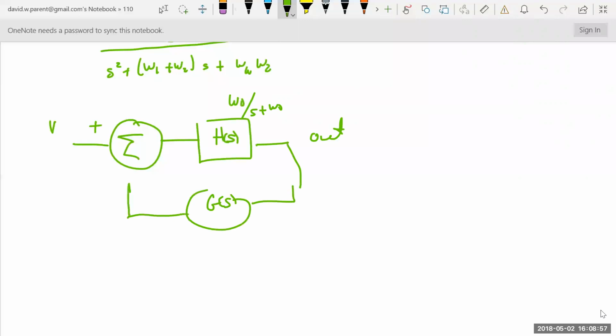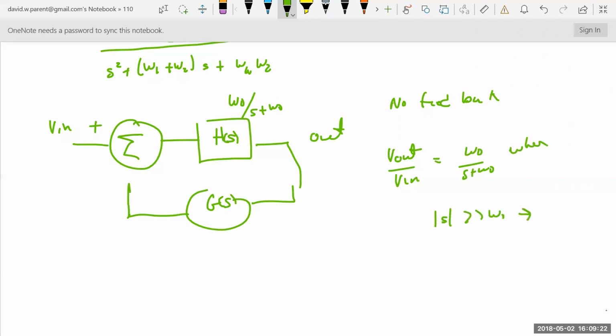Well, no feedback, right? V out over V in equals omega naught over s plus omega naught, and when the magnitude of s is much, much greater than omega naught, minus 90 degrees of phase.